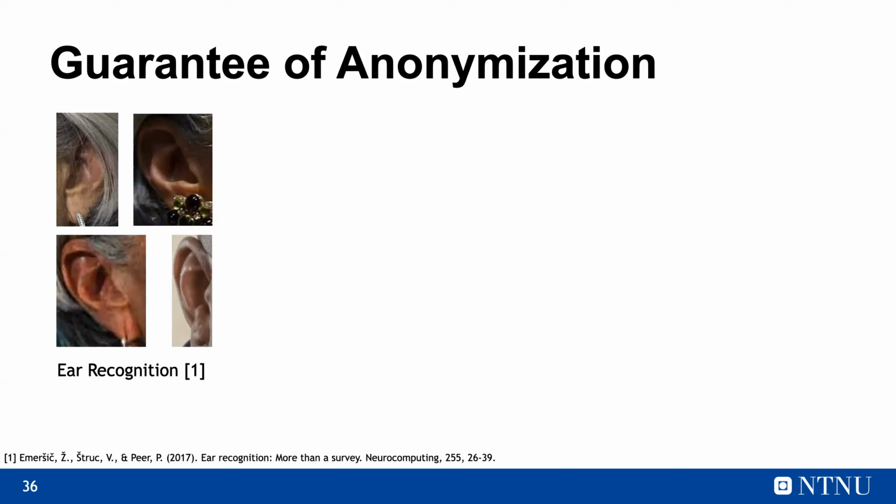Ears are a very unique part of the body, and you're able to separate two identical twins based on what their ear looks like. So if you have a large database of the ears of people and also high resolution images of them, you should be able to recognize them. This is of course not the case currently, but it is a possibility.